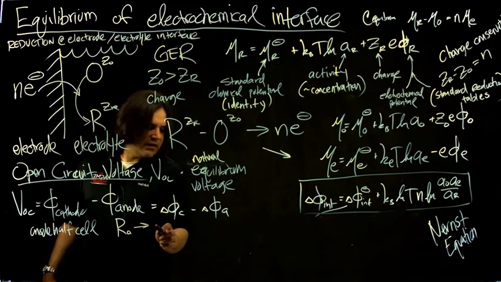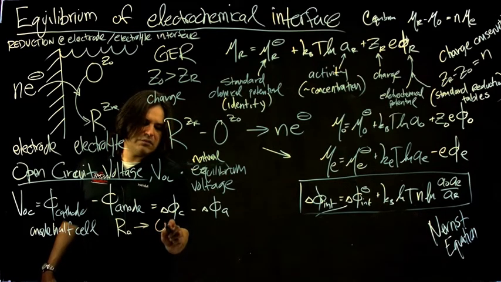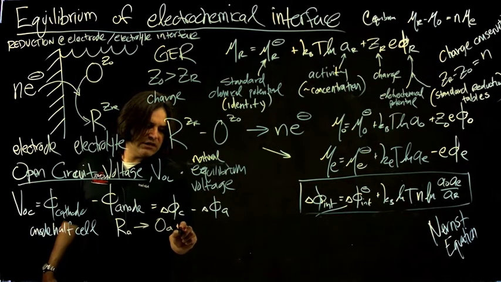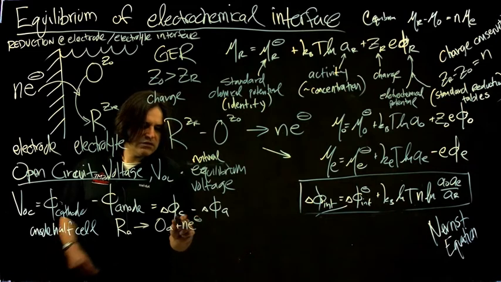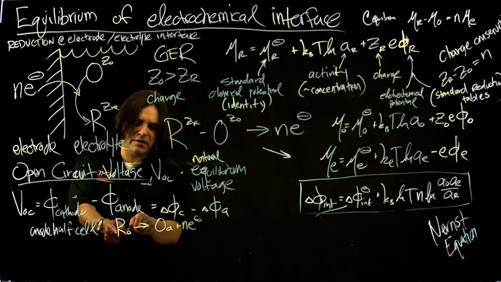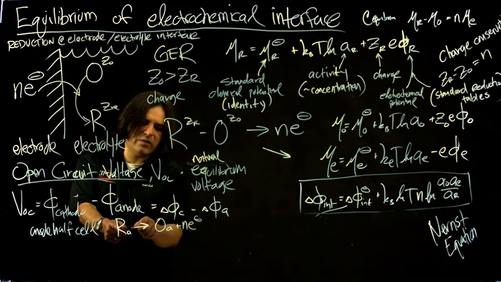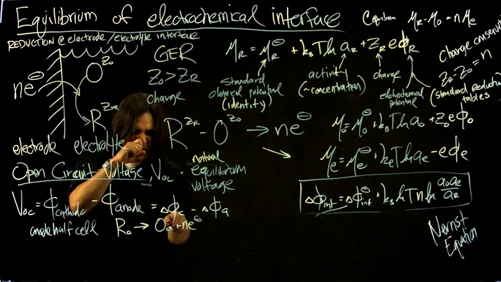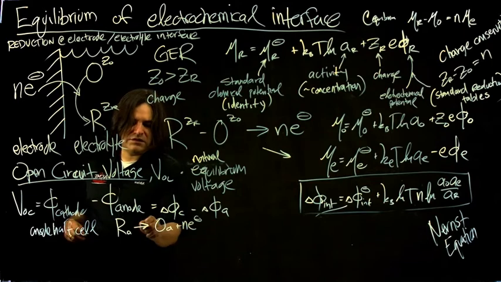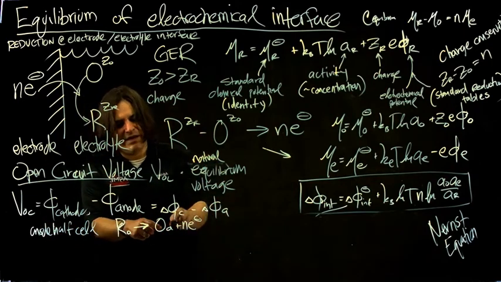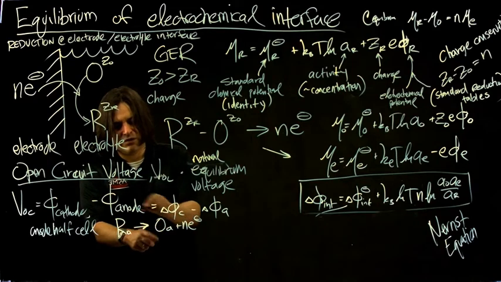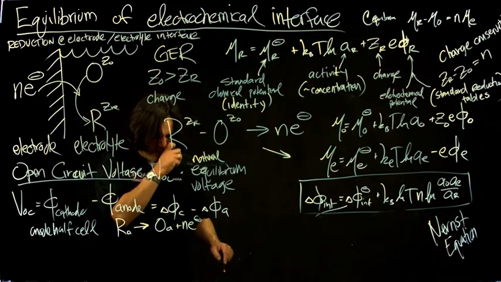We write it this way: some starting species at the anode loses an electron. So it goes from here to there. This is the product, or this way around. It's this plus an electron becomes that, or the other way around.